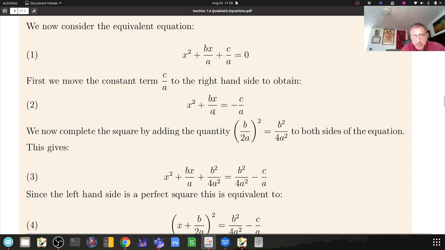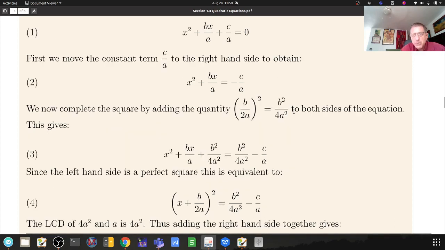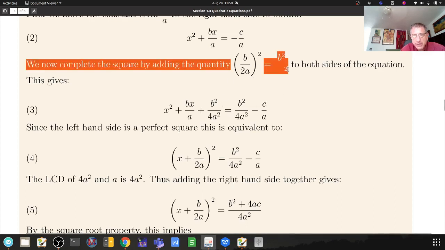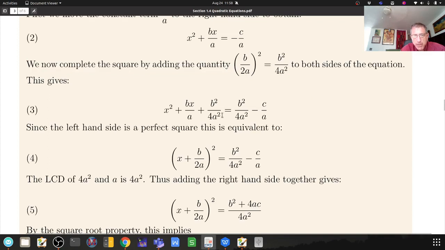So b divided by a times 1/2 is b divided by 2a, and then I square it. This is all purely symbolic manipulation here. I get b squared over 4a squared. Then I add this quantity right here to both sides of my equation.